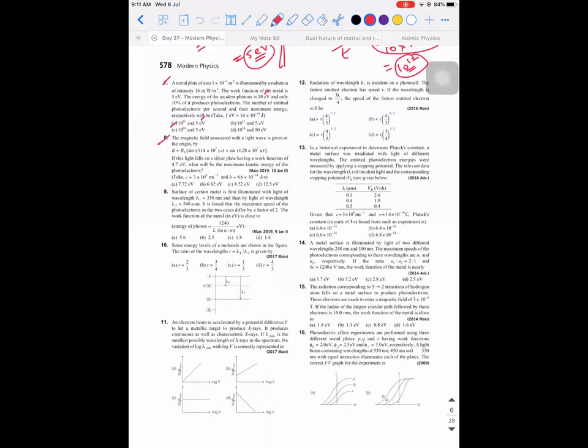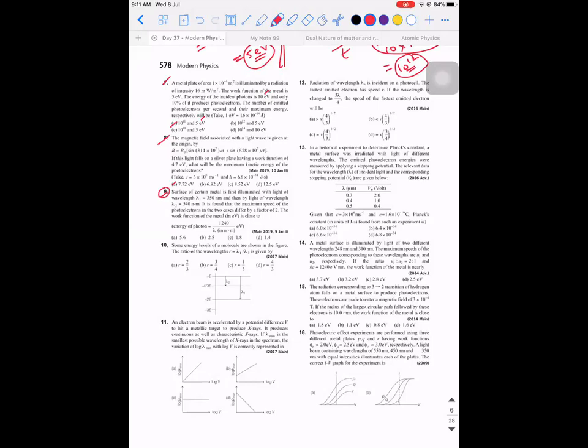So what did you do? You should have calculated the frequency of the light that is incident. Right? Once you calculate the frequency, h nu should be equal to work function plus kinetic energy. They've given you the work function, so you need to calculate the kinetic energy. Actually, the problems are simple. The only thing is you need to be careful with the calculation.